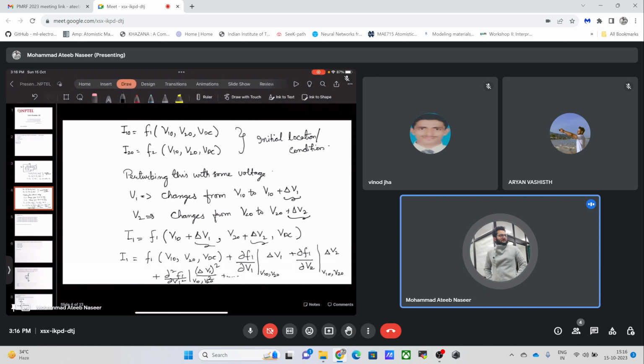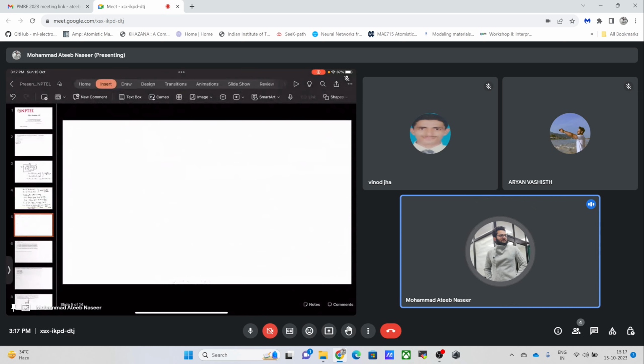We want our amplifier to be linear, so we always want these additional frequency components present in the circuit, that is Δv1² times d²f1, to be small. We can consider these components as noise, and we should always satisfy this condition in order to have linear operation of these devices.